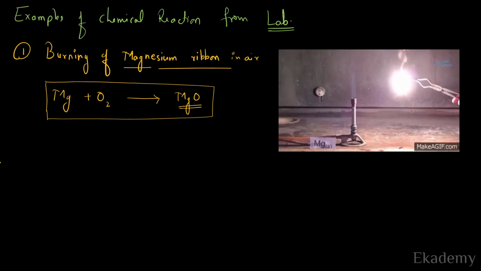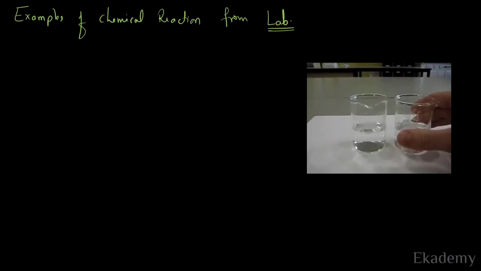The next example of chemical reaction that we can perform in lab is reaction of lead nitrate with potassium iodide.